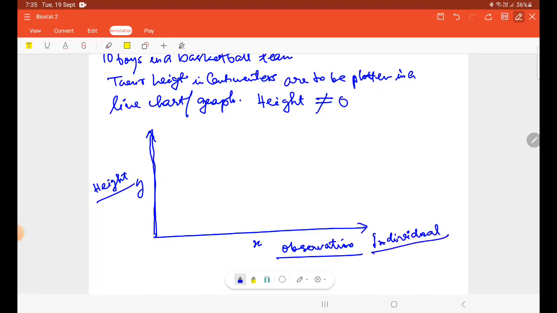Here the individual will be plotted on the x-axis. So in 10 boys, boy number 1 height starts from here, boy number 2 height starts from here, boy number 3 here, 4th here, 5th here, 6th here, 7th here, 8th here, 9th here, 10th here. These will be joined by smooth curves, not by straight lines. It will be joined by a smooth curve and a graph will come. This is a line chart.